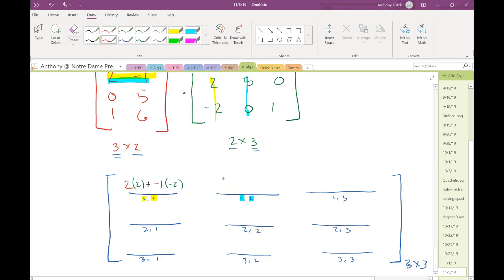So that's going to be 2 times 5 and -1 times 0. And then the next one is row 1 with column 3. So I'm going to have 2 times 0 and -1 times 1. And I'll add those together.